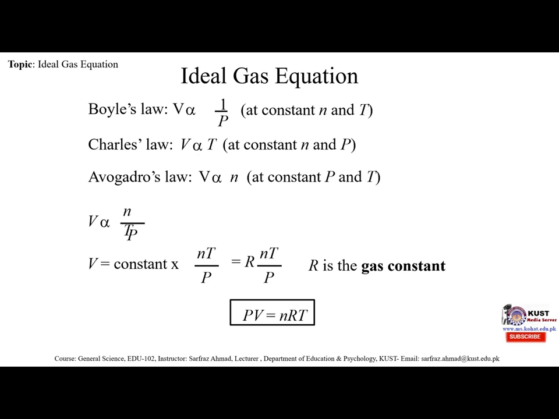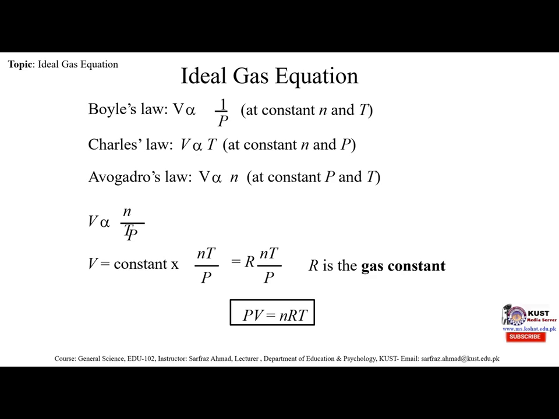And if we denote it N with capital N, it means the number of molecules, and k will be equal to the Boltzmann constant, and its value is 1.38066 into 10 to the power minus 23 joule per Kelvin.